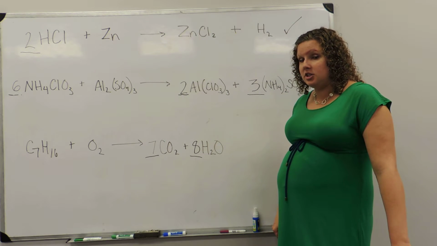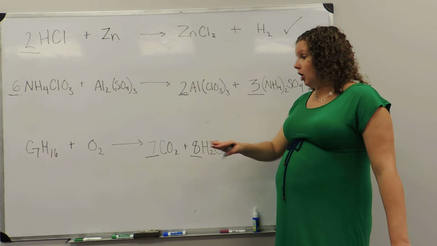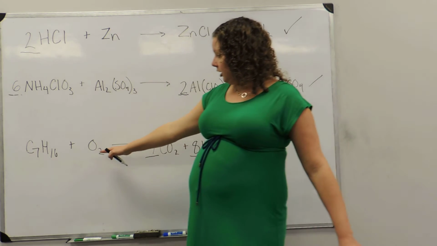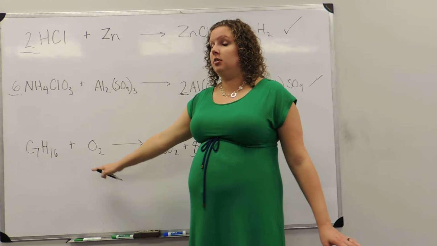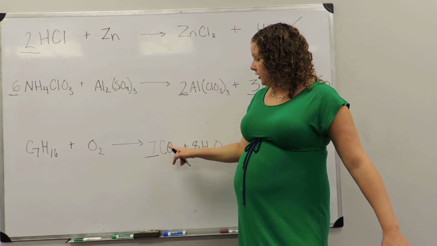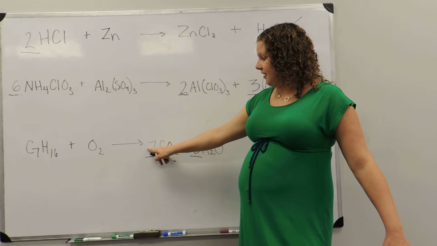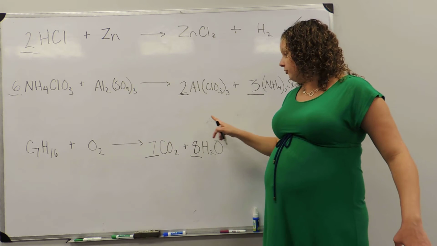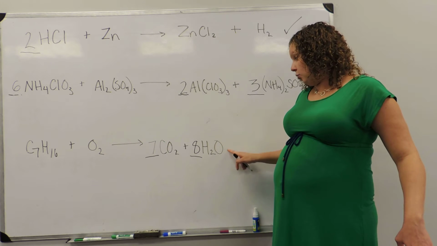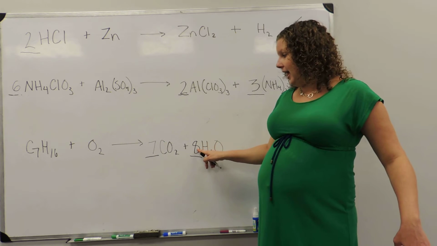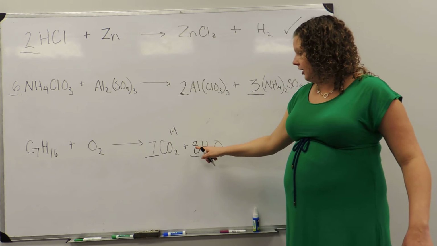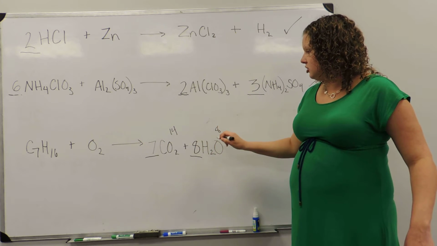Now we're going to do the oxygens. Please pay attention to all the oxygens that exist in the problem. Okay, over here, there's 2 oxygens. Right here, there's 2 oxygens, but we have 7 of them, so 7 times 2 is 14. But please don't forget, we also have 1 oxygen here, which we're multiplying by 8. So I have 14 oxygens right here, and I have 8 times 1, which is 8 oxygens here.